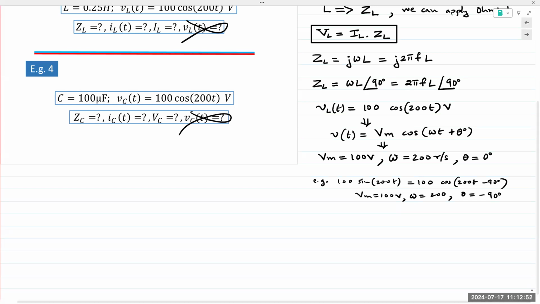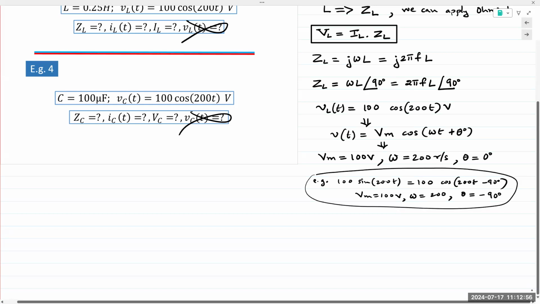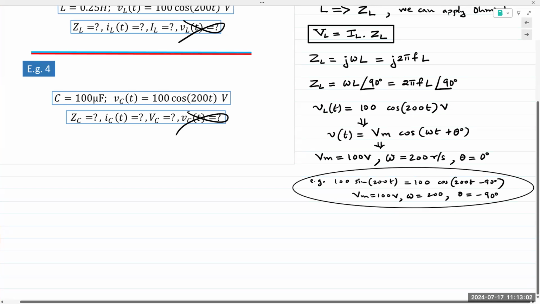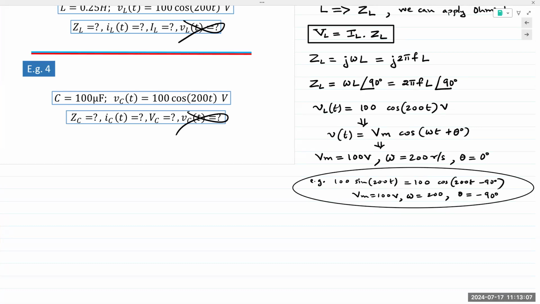So always keep those concepts in mind. All right, let's proceed. So we have omega, we have our phase angle, we have the magnitude.